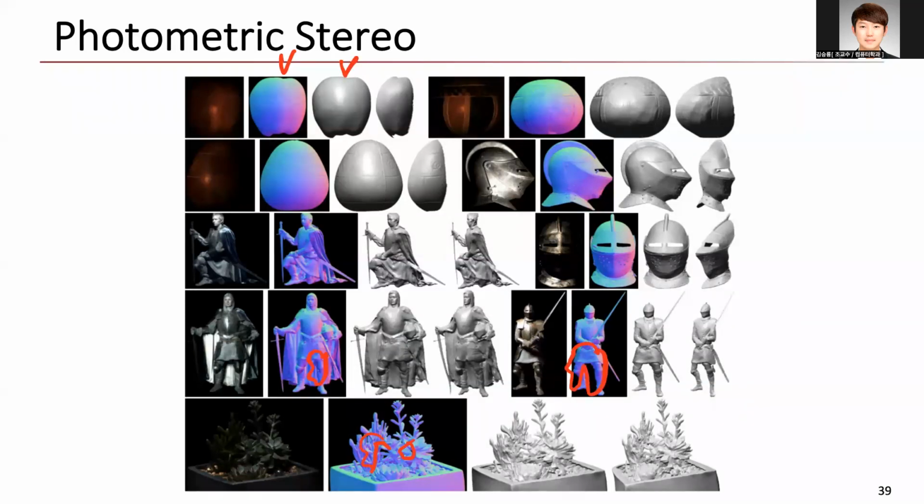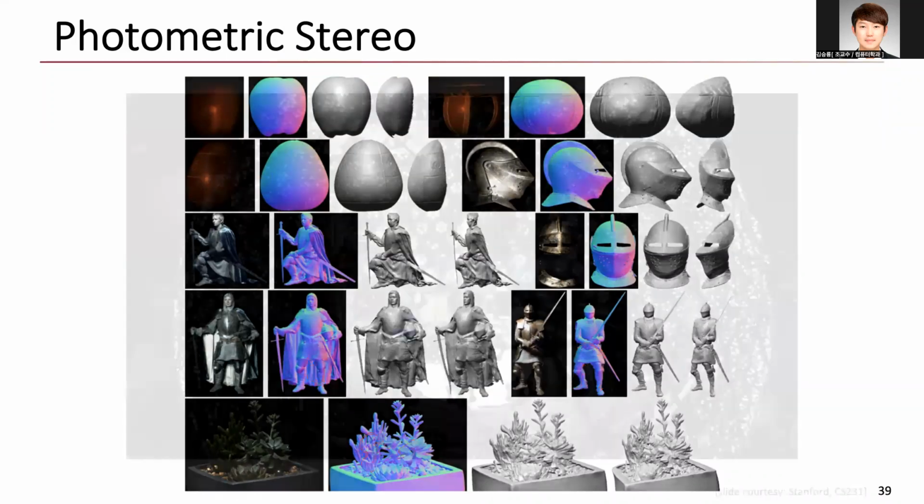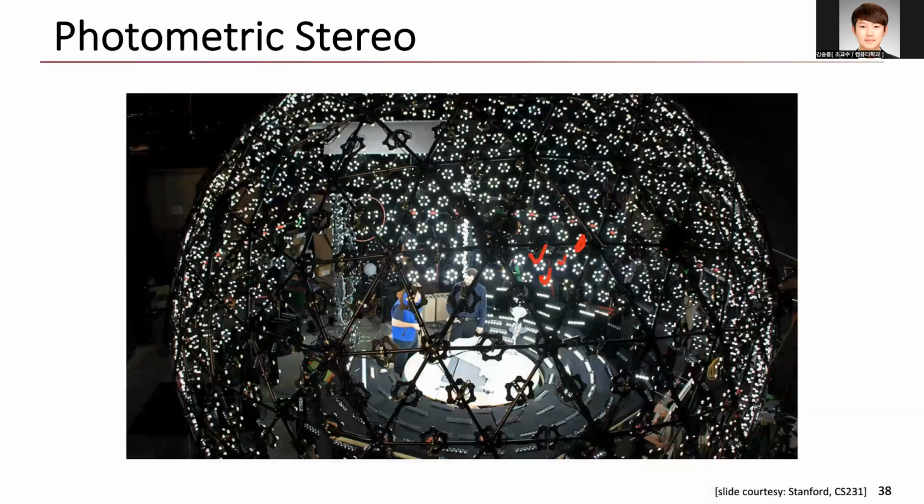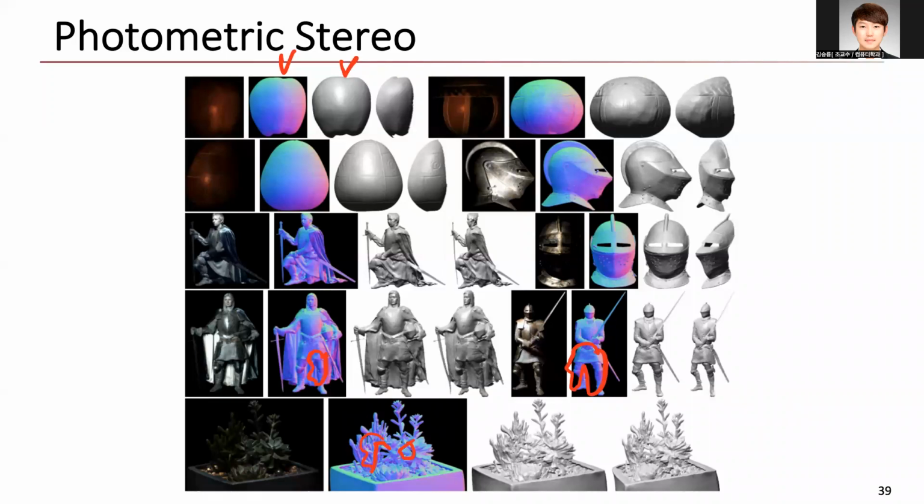This kind of technique has been used in applications where we want fine-detail 3D representation in a constrained setting, because we require a constrained setting like this, but the quality of the reconstructed 3D is much better than multi-view stereo or two-view stereo, as you can see here. This is a photometric stereo matching wizard.